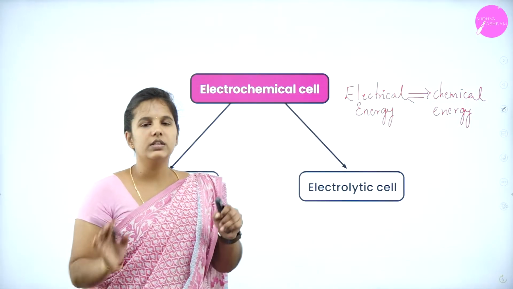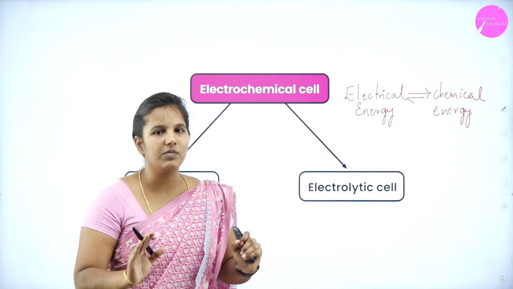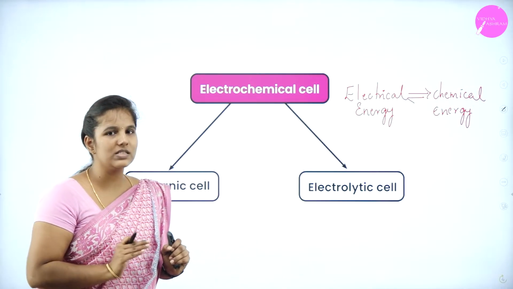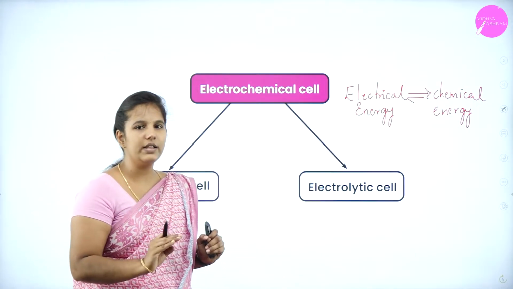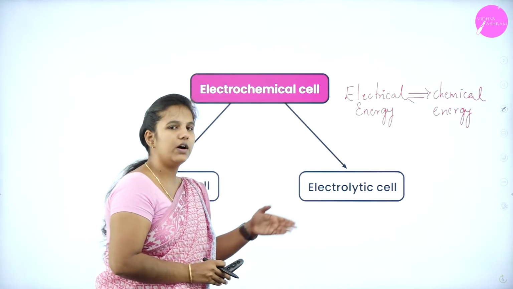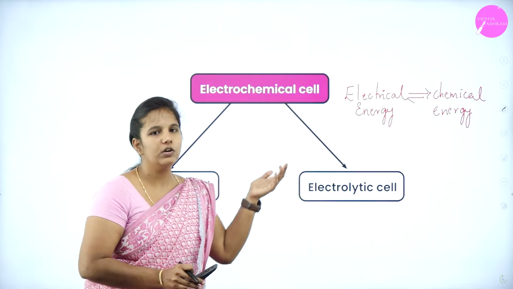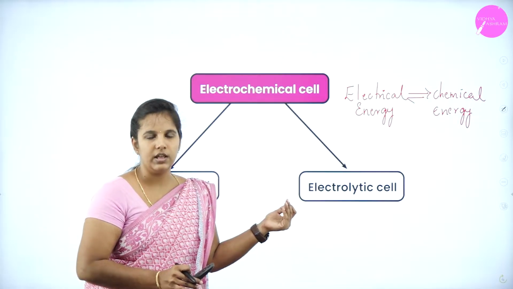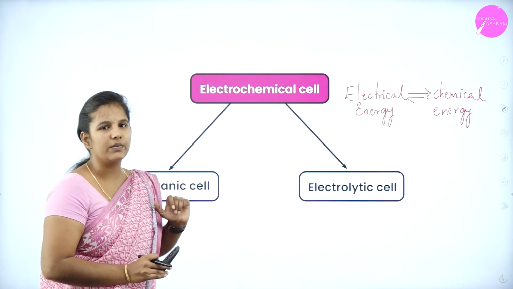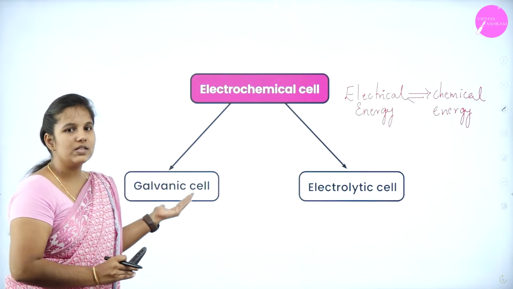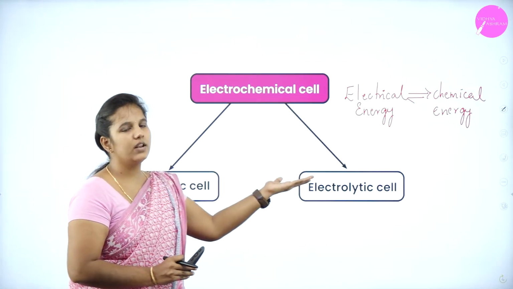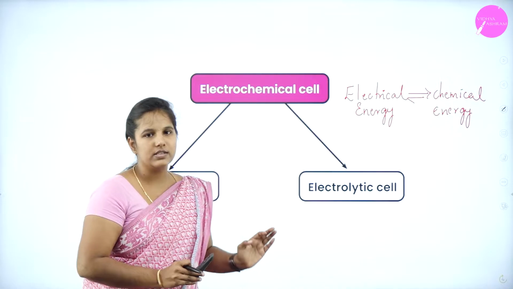So, this is known as an electrochemical cell. What is the electrochemical cell? It is a cell or a device which always converts electrical energy into chemical energy or chemical energy into electrical energy. And it has been broadly classified into two types. The first one is a galvanic cell and the second one is an electrolytic cell.